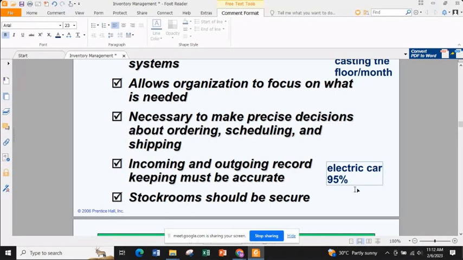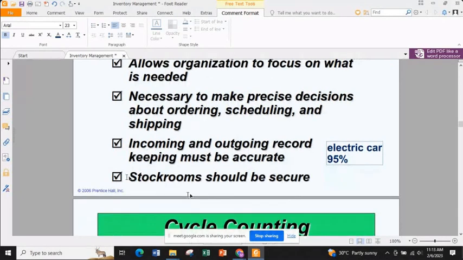So 95%, compared to the conventional car where you get 60% output, and the rest 40% becomes heat. The stock room should be secure. Due to the record, you need to have proper security.